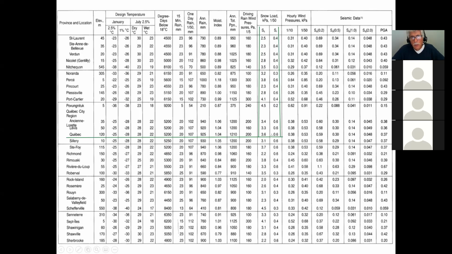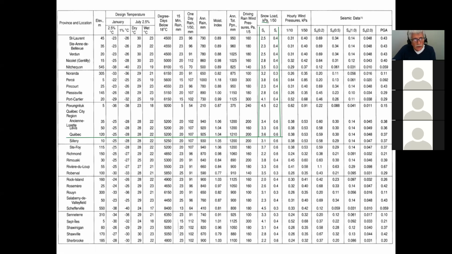Okay, SR. So that's where I get my values, and of course, be careful about the units here. This is in kPa. So for Quebec, they recommend that you take the ground snow load of 3.6 kPa and the associated rain load of 0.6 kPa. So that's where I get those values from.